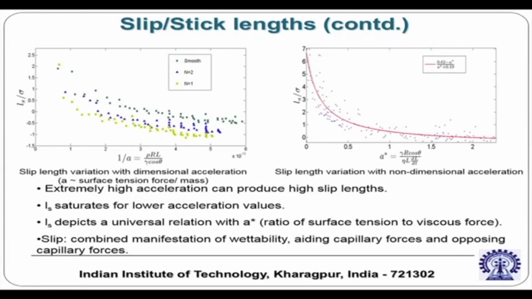From synthesizing the molecular dynamics simulations, and by casting these simulations in a non-dimensional form, we have been able to get the non-dimensional slip length as a universal function of non-dimensional acceleration, and this functional form we will use in the Lucas-Washburn equation.